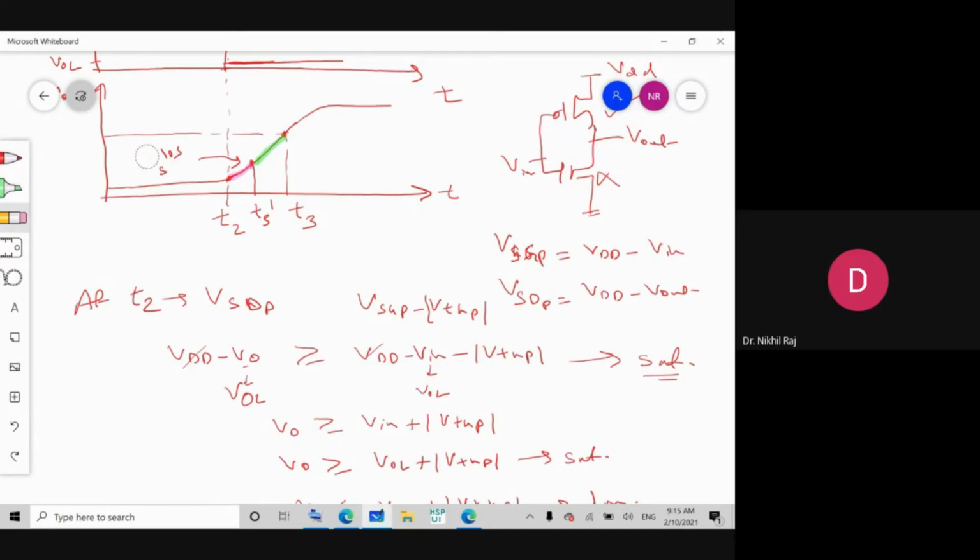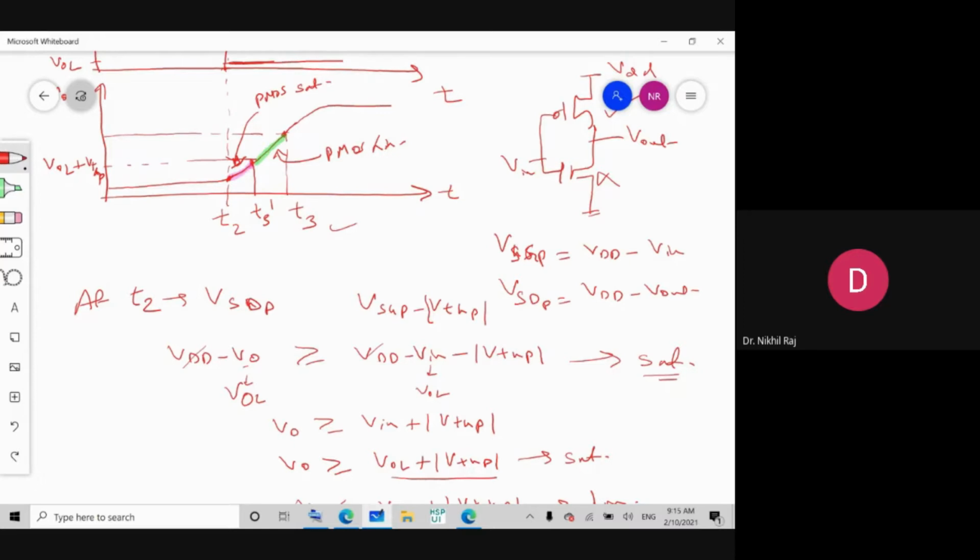For this region, your PMOS is in saturation, and for this region, your PMOS will be in the linear region. And what is this breakup point? This breakup point is nothing but VOL plus VTH of P.